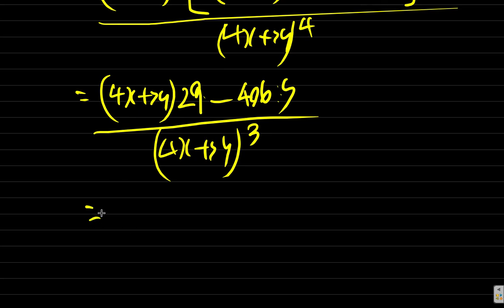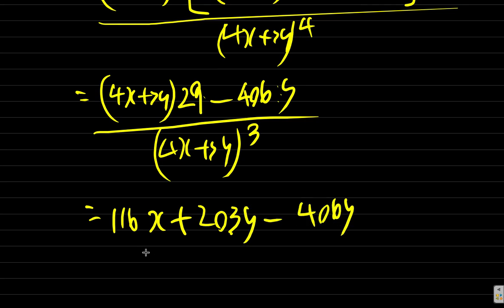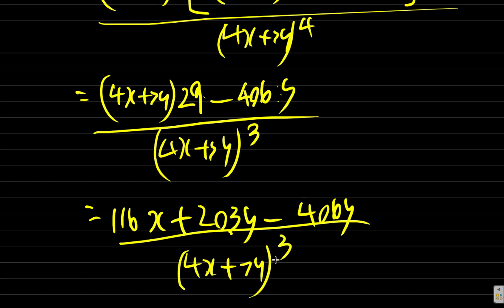We multiply out the bracket, 4 by 29 would give you 116x plus 7 by 29 will give you 203y minus 406y over (4x + 7y) cubed.